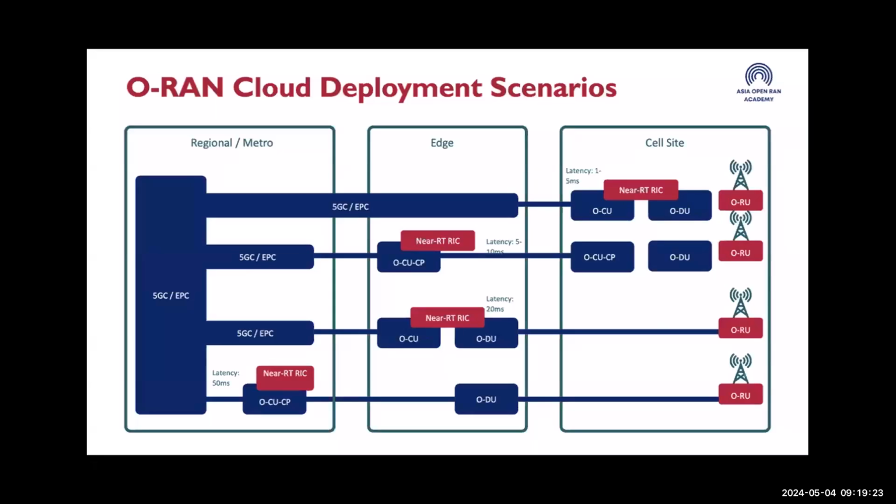For example, in Dish Telecom, there are sites that have centralized DU, and then there are sites, particularly in the urban areas, where there's a need for high traffic demand, where the DU is near the ORU. So it depends on the type of area requirement that you would like to serve to your customers, right?